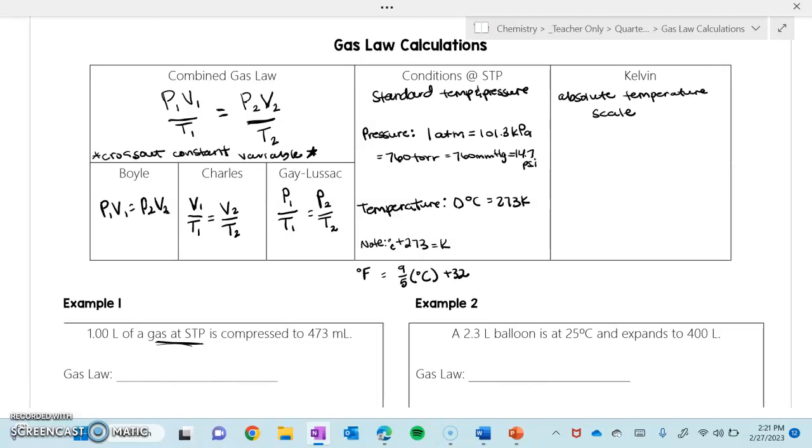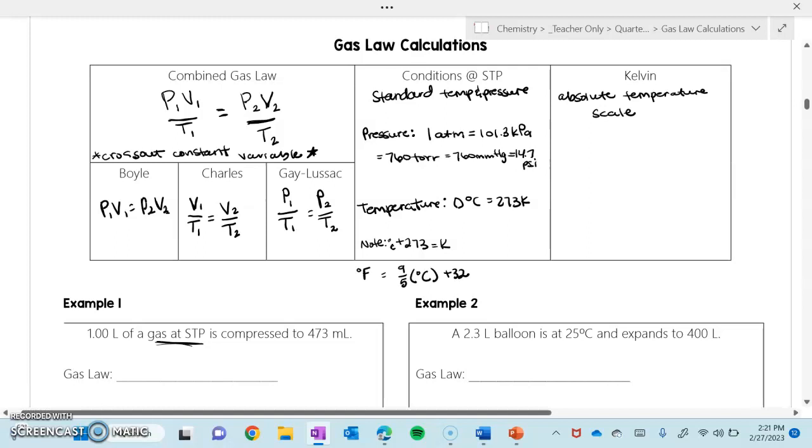So we've gotten close to 0 Kelvin, but not quite there in lab or even in outer space. But my big point here is that absolute temperature scale means there's no negative values.